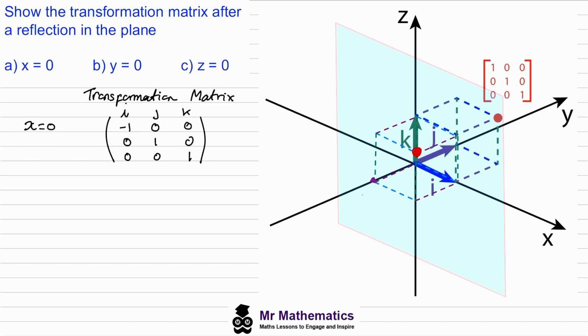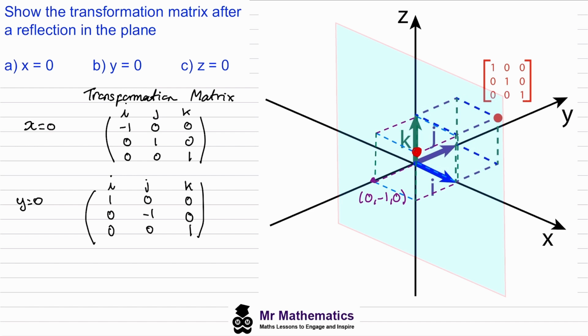So this will have coordinates of 0 in the X, -1 in the Y, and 0 in the Z. So our transformation matrix becomes, for Y equals 0, the I coordinate is invariant, so 1, 0, 0. The J coordinate now becomes 0, -1, 0, and the K value is also invariant, so 0, 0, 1.